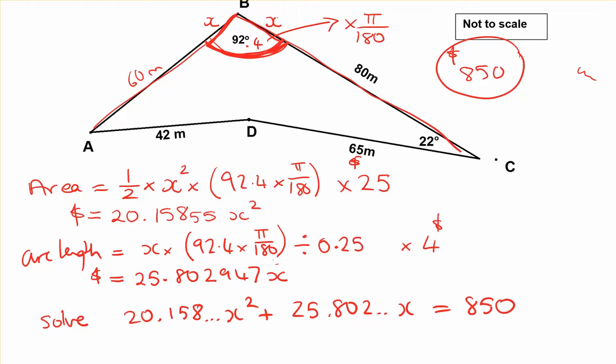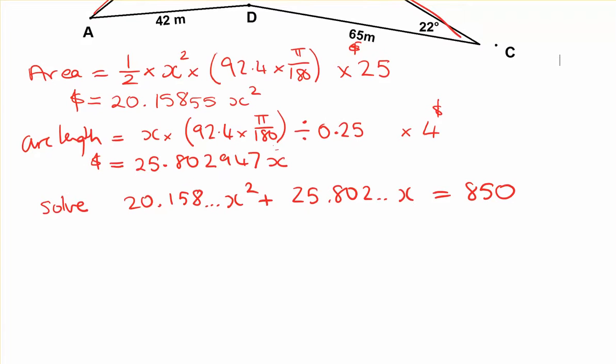Now you can choose to solve that by hand, it's just a quadratic. You might choose to solve it on the calculator using equation or solver or polynomial degree 2. Whichever way you do it, you come out with 5.884 metres to 3 decimal places.